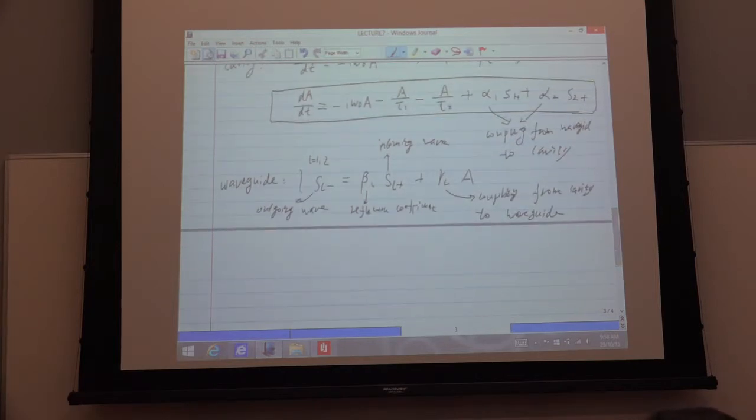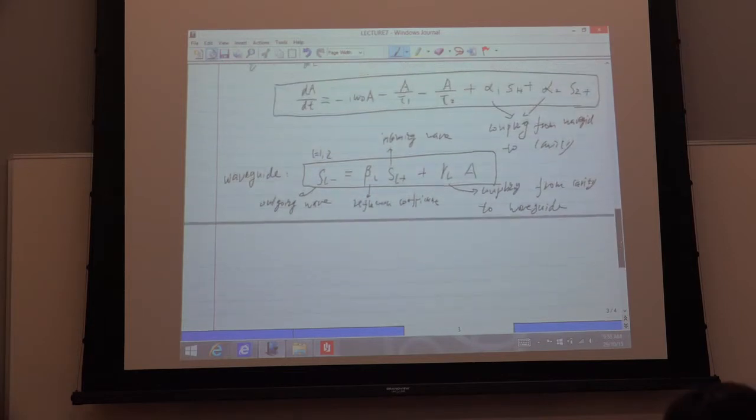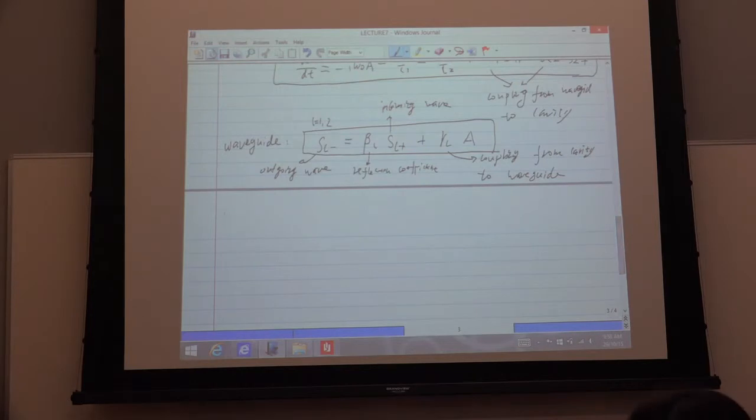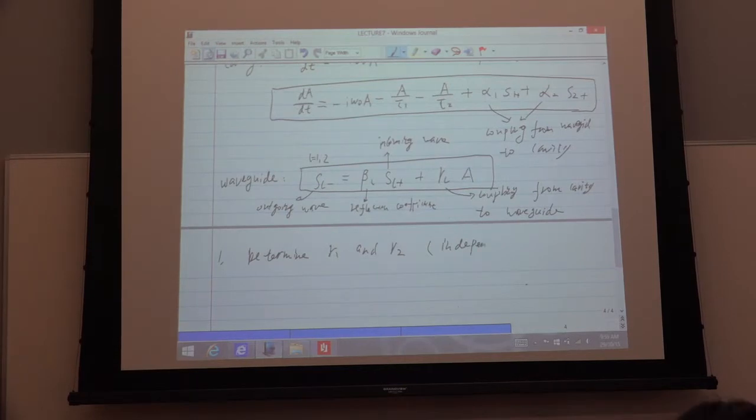This is another equation, the ground equation. There are many coefficients, but these coefficients are not independent of each other. So first we determine gamma 1, gamma 2. First, we assume that the two are independent.